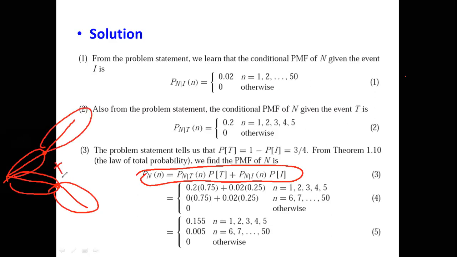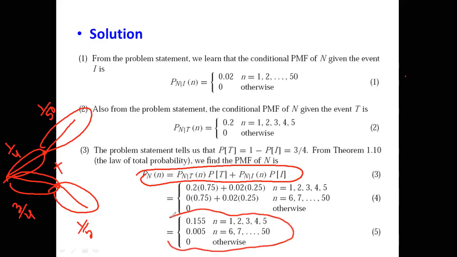We told you already that is 1 by 4 and that one is 1 by 50, and this one is 3 by 4 and that one is 1 by 5. So we are having a PMF kind of result.